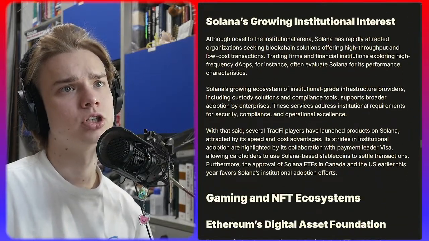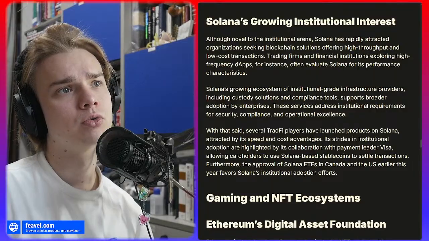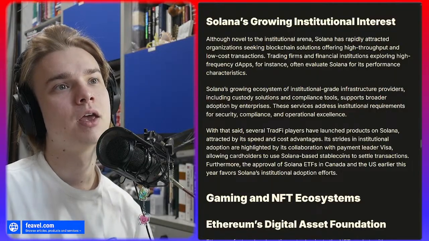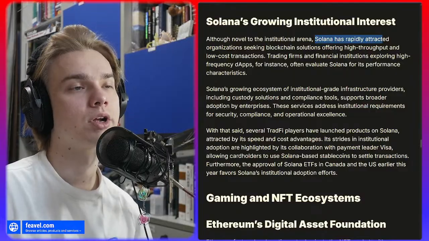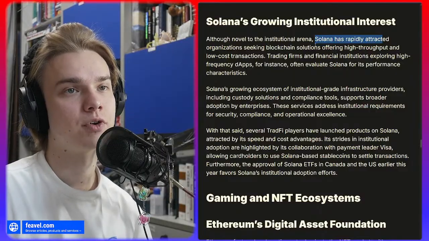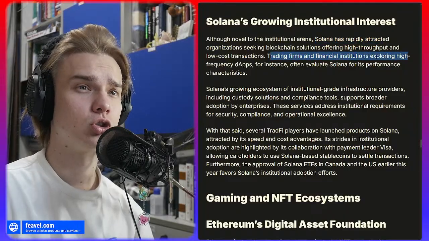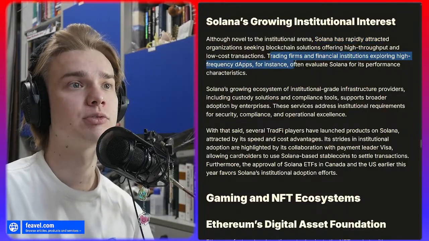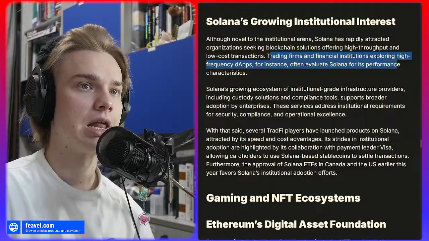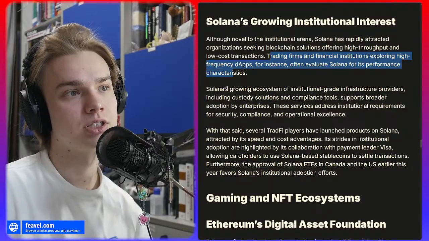Solana's growing institutional interest. Although novel to the institutional arena, Solana has rapidly attracted organizations seeking blockchain solutions offering high throughput and low-cost transactions. Trading firms and financial institutions exploring high-frequency dApps, for instance, often evaluate Solana for its performance characteristics.